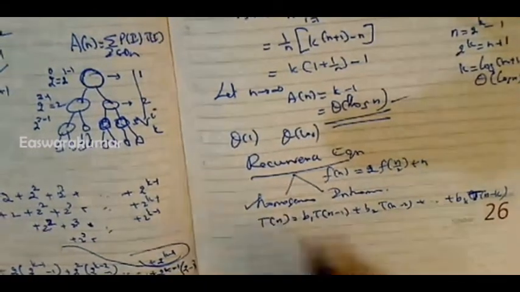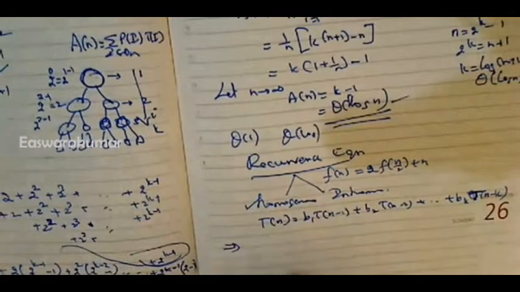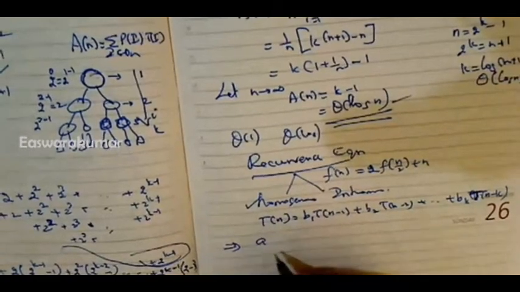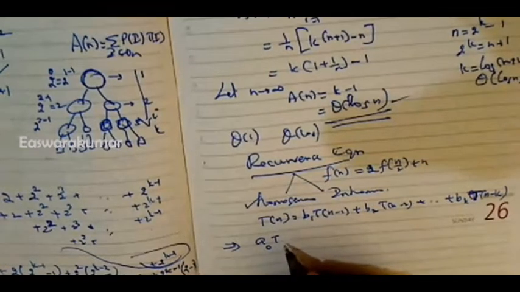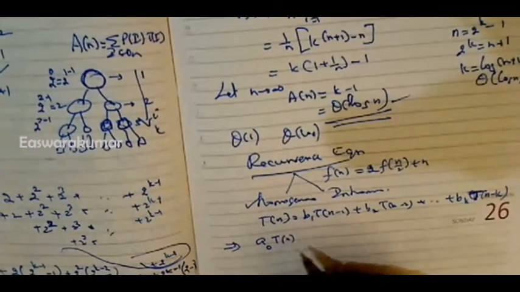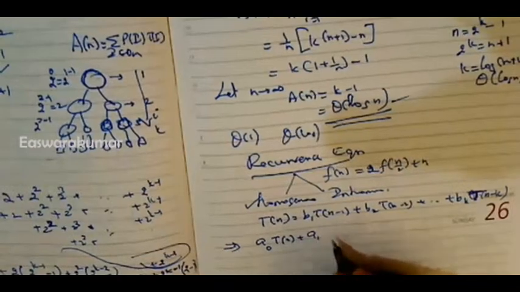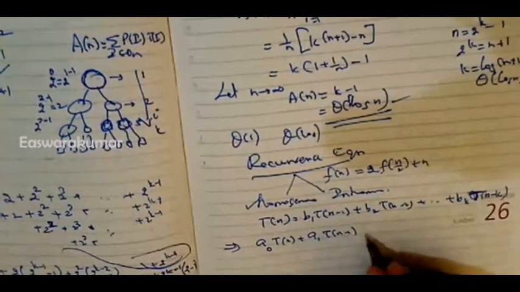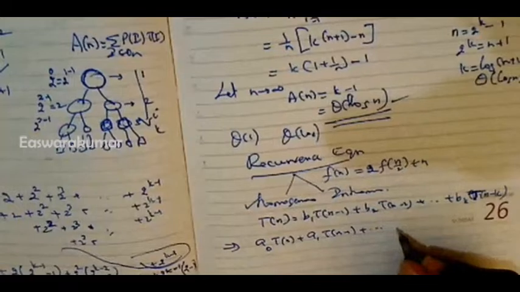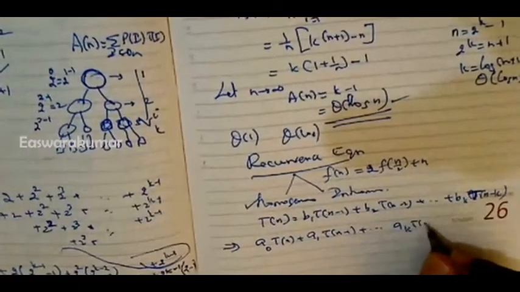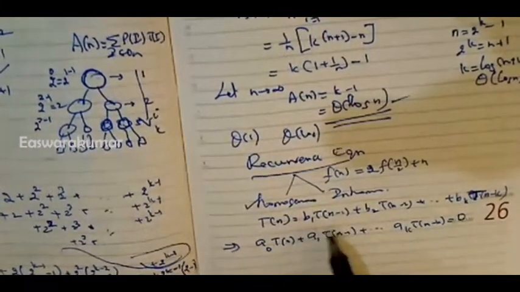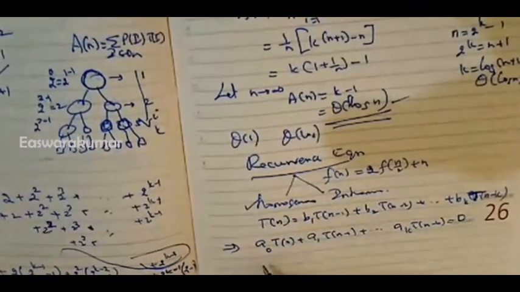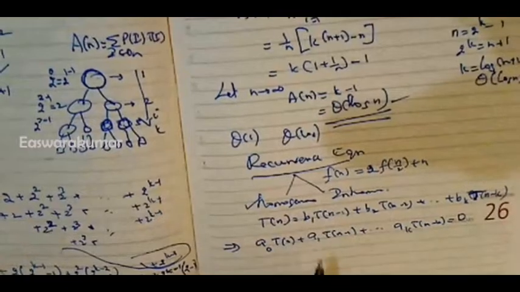Now if I bring that, I can write it like this: A0 T of n plus A1 T of n minus 1 plus etc. plus AK T of n minus K is equal to 0. You may ask why we get A0, A1 when we had B1, B2.